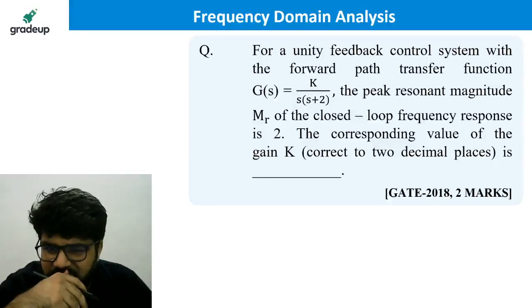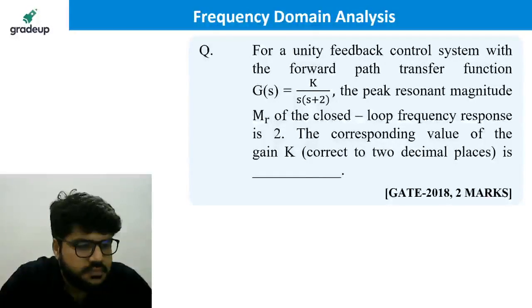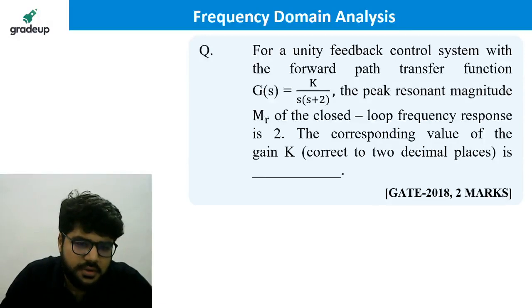Only MR is given, omega R is not given, but that will not be required also. First get the zeta from the MR value. Then you will be able to get the whole answer.